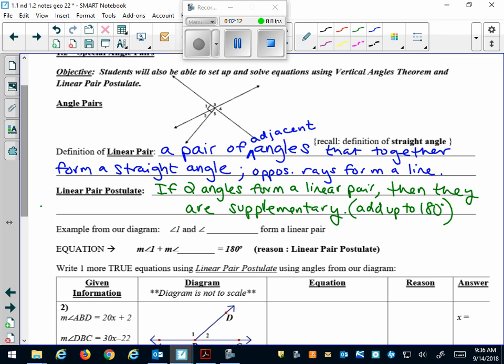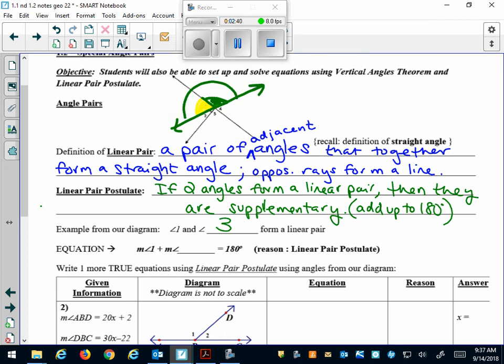Okay, from our diagram, examples of a linear pair. Angle 1, here's angle 1, and angle what would form a linear pair? 3. Good. Angle 1 and angle 3 form a linear pair because here's angle 1 and we need angle 3 next to it to be sitting on this line and form this straight angle.